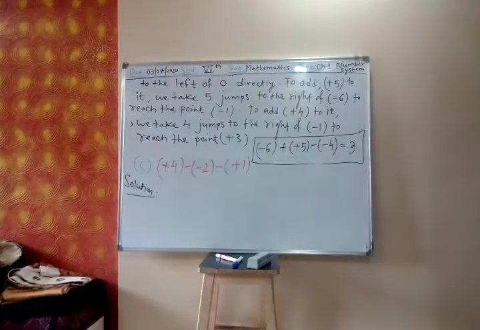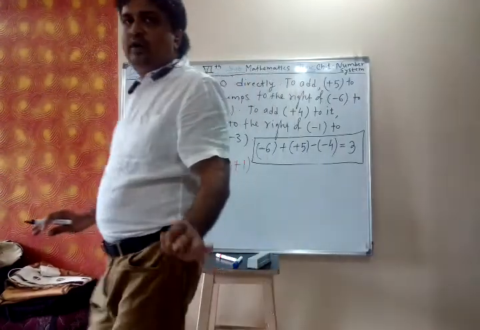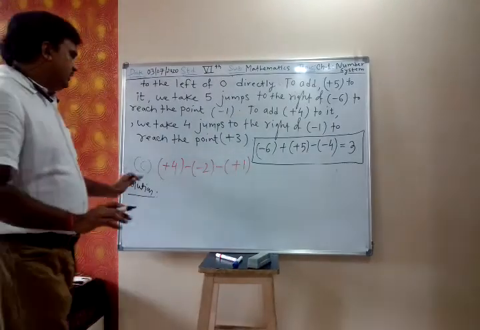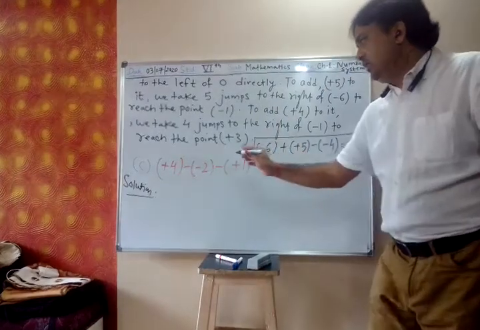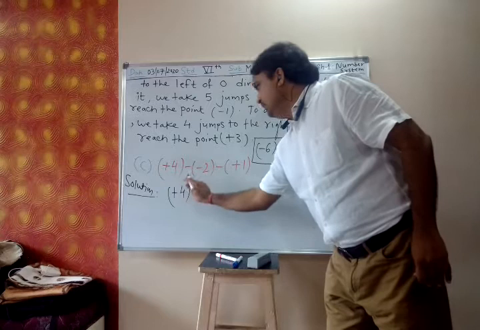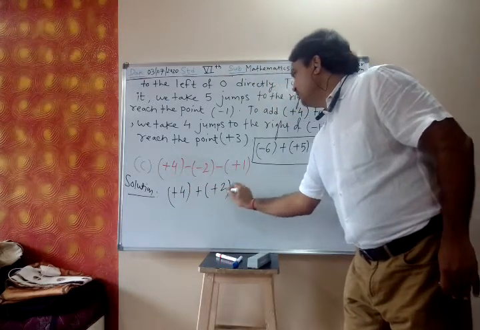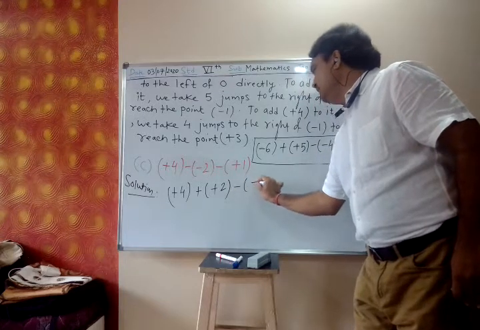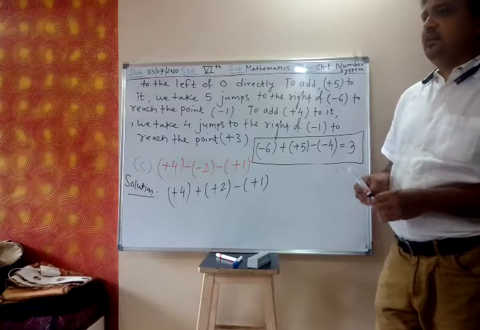See here, the board is very much clear. Now wait, let me solve C1. So plus 4, then minus minus I will write plus plus, then minus plus 1.